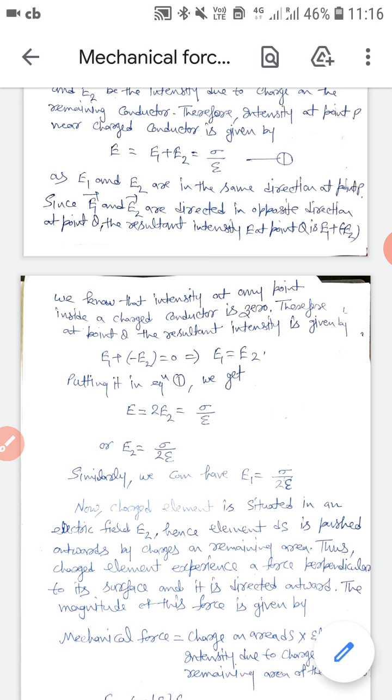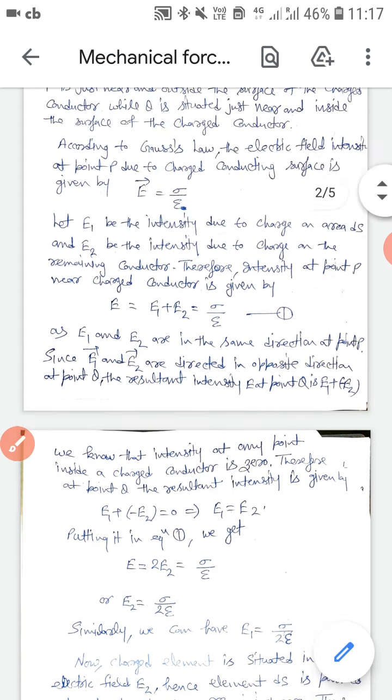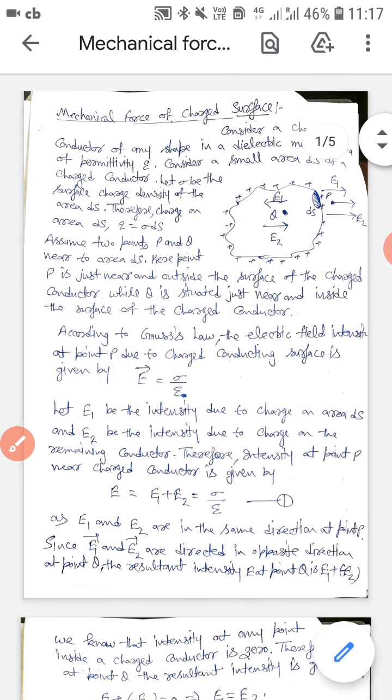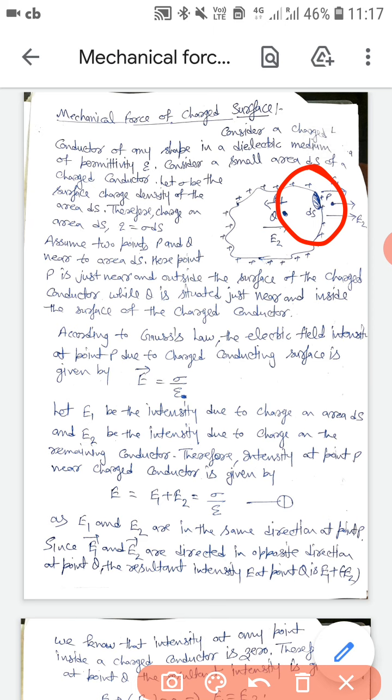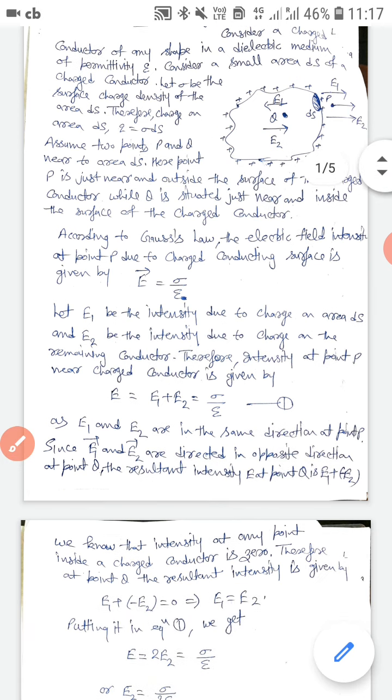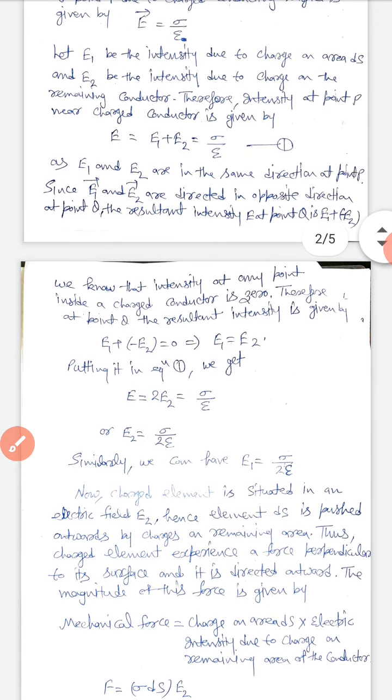This small area will be pushed outward due to the remaining portion of the conductor. Thus the charge element experiences a force perpendicular to its surface, directed outward.